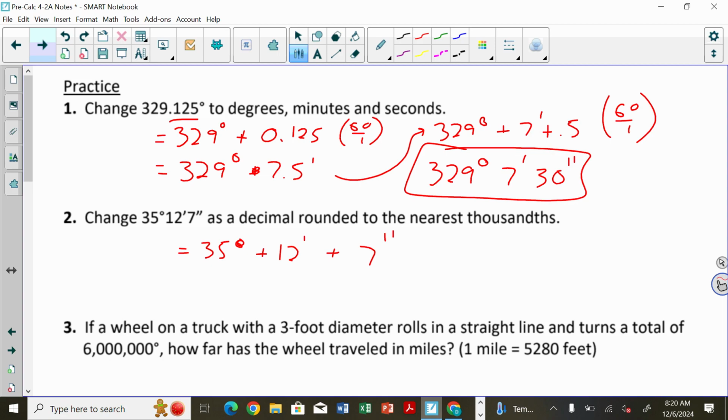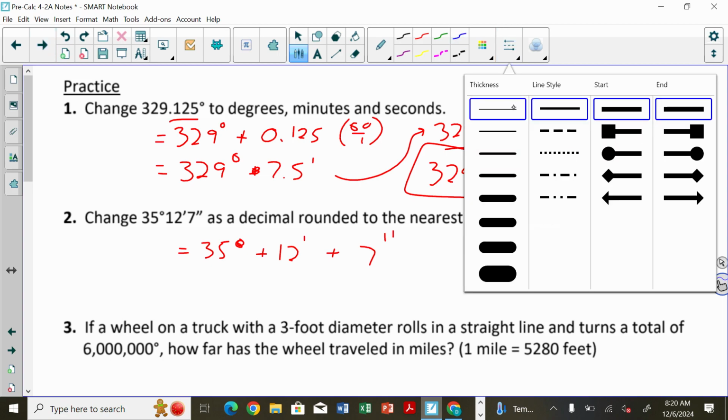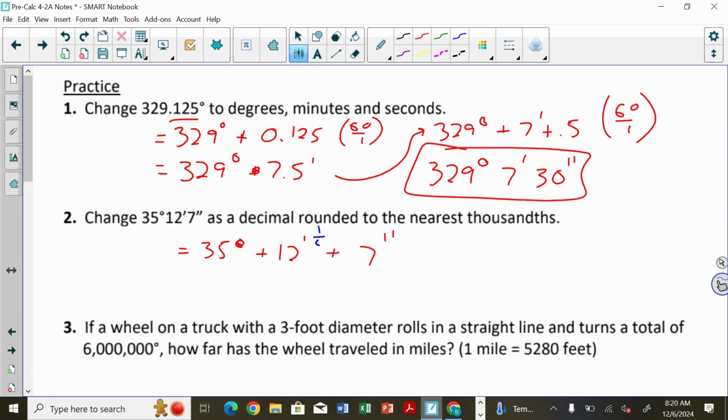Well, what I'm going to do here is, the minutes I know are 1/60 if I want to turn that minute into a decimal. And over here, the seconds, if you think a minute is 60, a second is another 1/60th. So really I've got to multiply 1/60 times 1/60, so 1/3600. So with that being said, we go to 35 degrees here, nothing changes there.